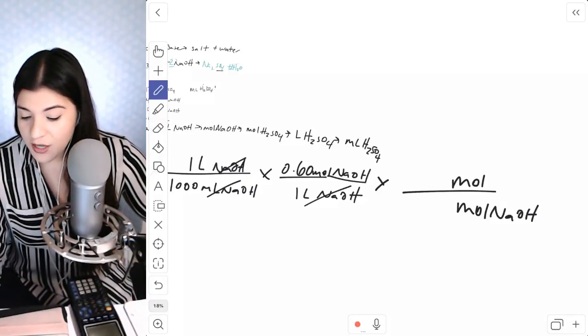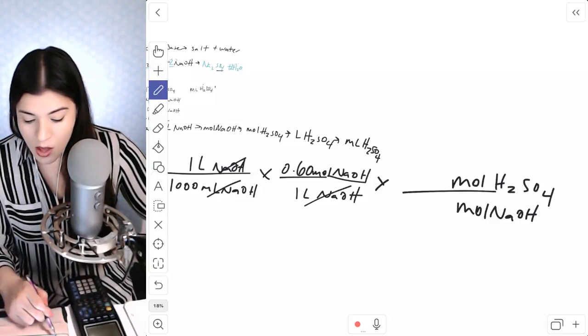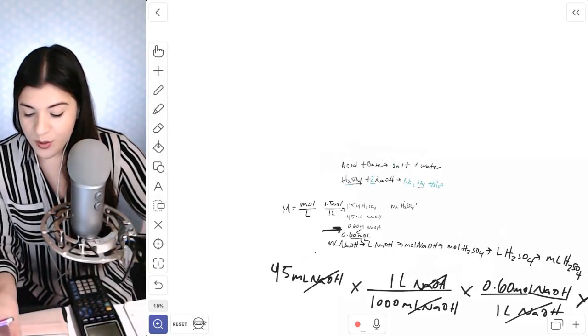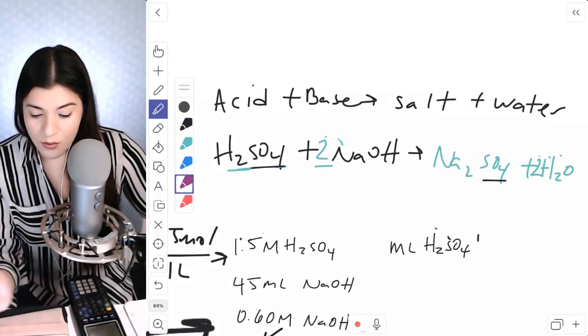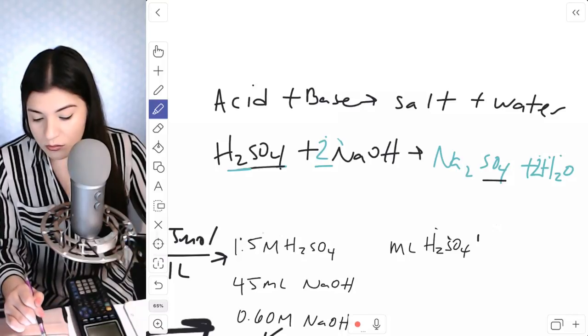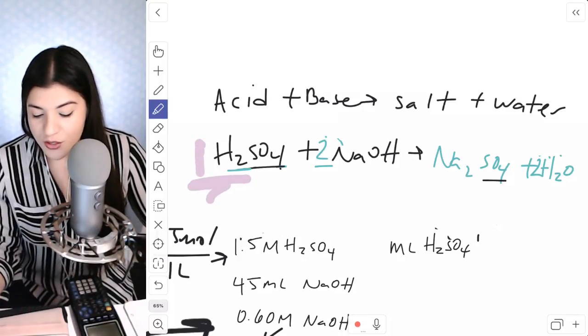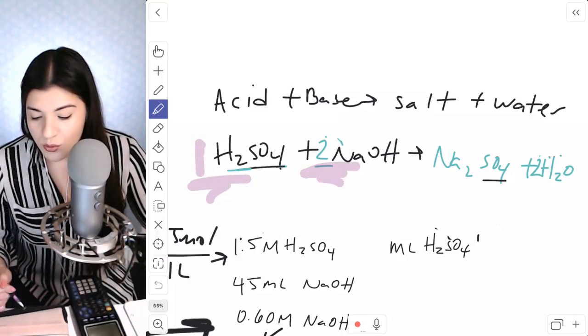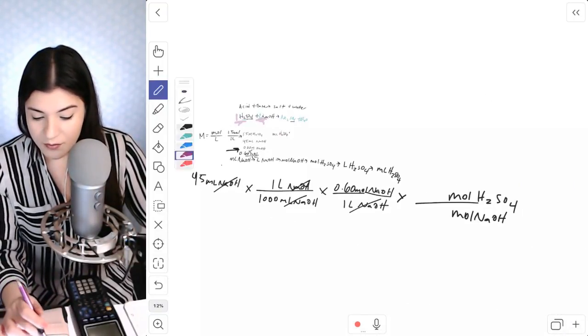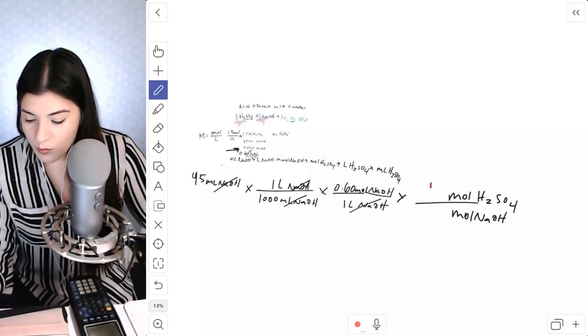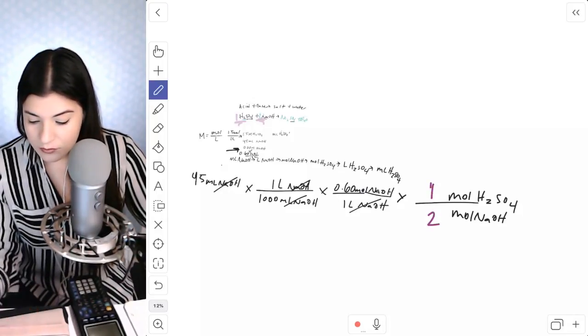Moles of what we're looking for, which is H2SO4, would be on top. I'm going to take this mole to mole ratio from the balanced equation that we just found. So in this case, we have 1 mole of H2SO4 per every 2 moles of NaOH. So that's what I'm going to put here. So 1 mole per every 2.